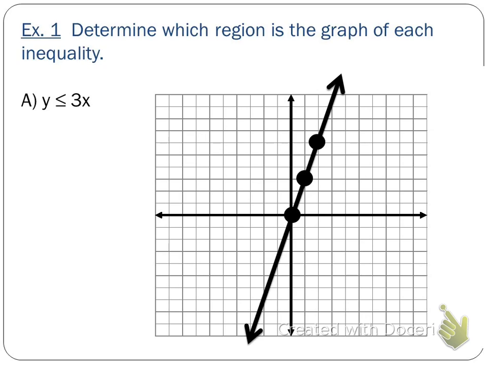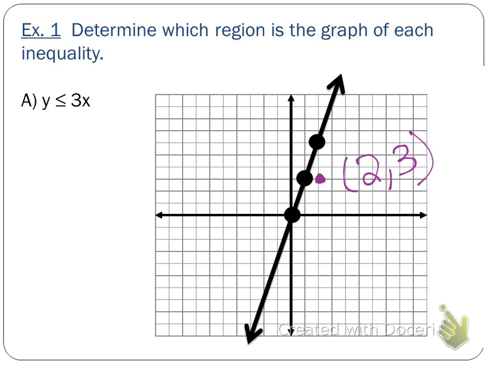All right, so we're going to pick a point that's not on this line. Pick a point that's not on this line. 2, 3. So right here, that's the point 2, 3. You can pick any point not on the line. You're going to plug that point in.